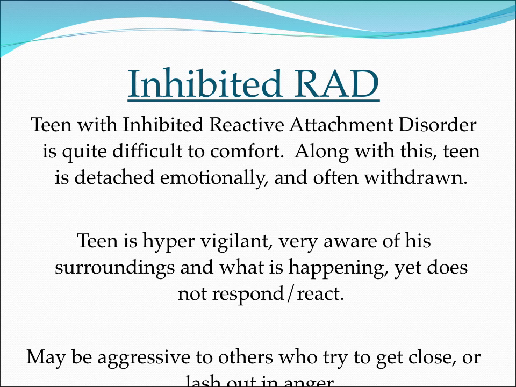In addition, those teens with inhibited RAD are often very detached emotionally and withdrawn. This teen is very hypervigilant, very aware of his surroundings and what is happening around him. Yet, those teens often do not respond or react to what's happening around them.